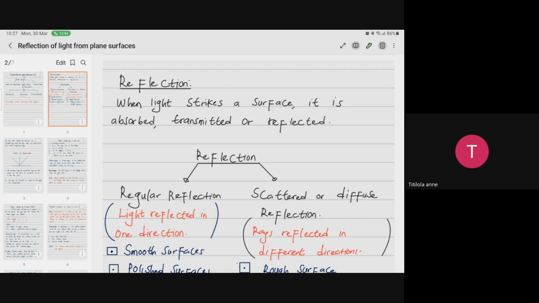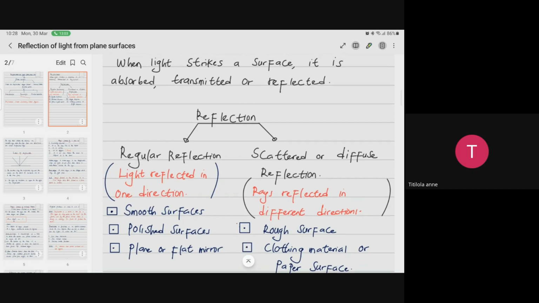The kind of reflection you have depends on the kind of surface you have. If you have a smooth surface, you are expecting the light to be reflected in one direction. That is regular reflection, and it occurs with smooth, polished surfaces. An example is a plane or flat mirror.